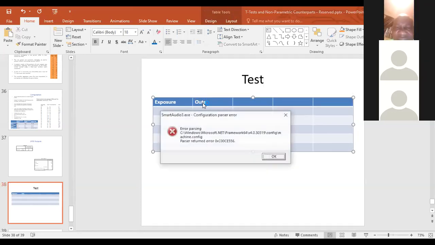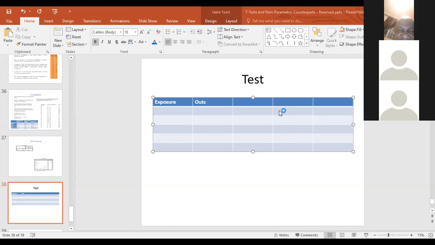Exposure, outcome, variable, outcome, the bivariate test, bivariate regression, multiple regression. We cannot even talk about multiple.